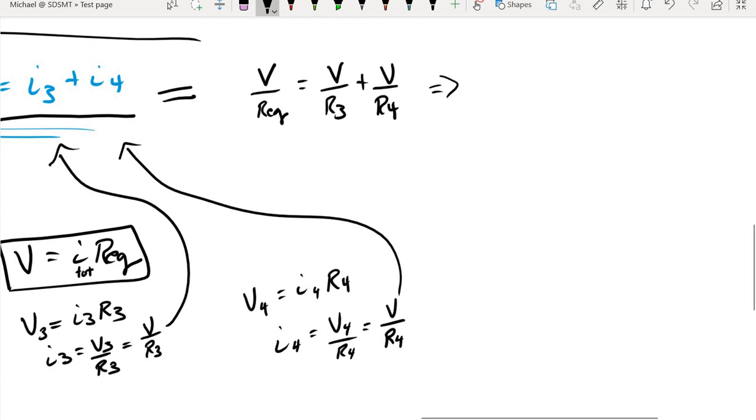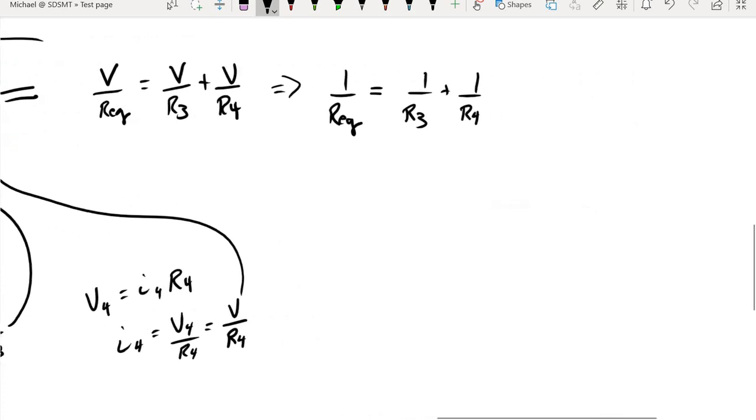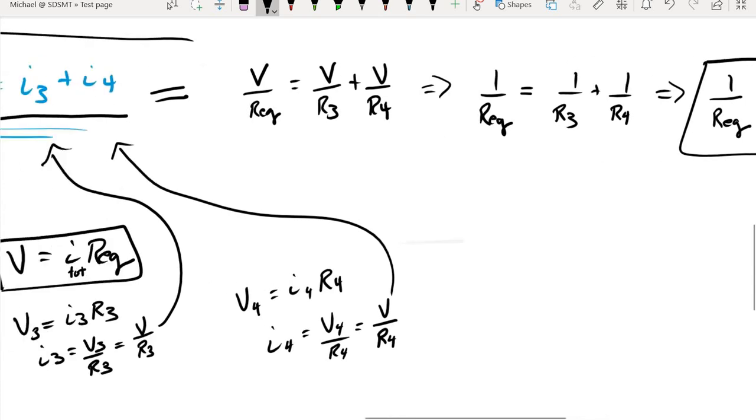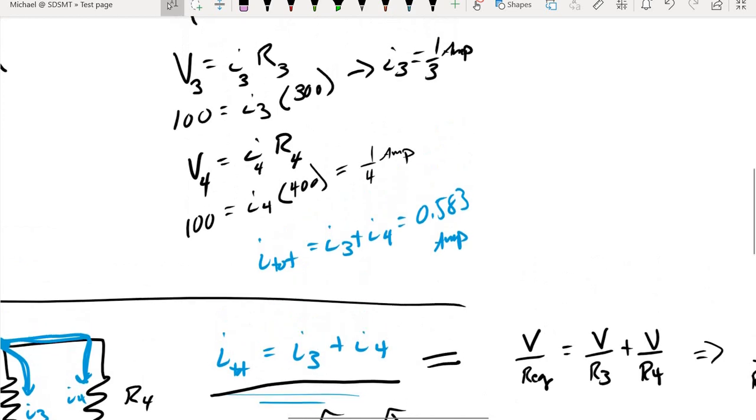And from here, we lose all of the potential values, and we're left with not a summation of the resistance values, but an inverse summation. 1 over the equivalent resistance of the circuit can be found by taking the summation of 1 over each individual resistor value. And so this is how we're going to find our equivalent resistance.